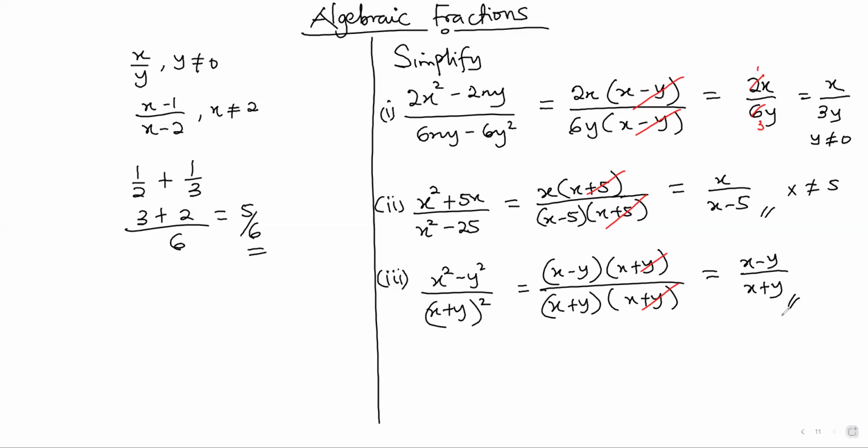Let's take another question. Simplify 9xy plus 6x squared divided by 4x cubed minus 9xy squared.